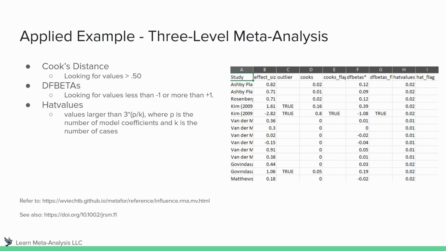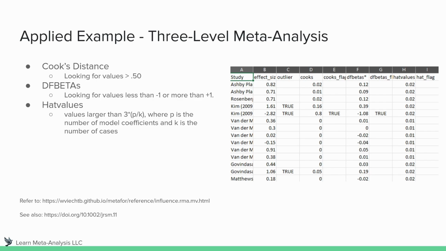So with Cook's distance, we are looking for, I guess I should start with outliers since that's the first column that we can see here with outliers. So we're using Viechtbauer's definition of an outlier, which in this case is actually looking for effect sizes that do not have confidence intervals that overlap the overall meta-analytic confidence interval. So I know that sounds convoluted, but as you can see in column C, it just marks it true if it meets that definition, okay?